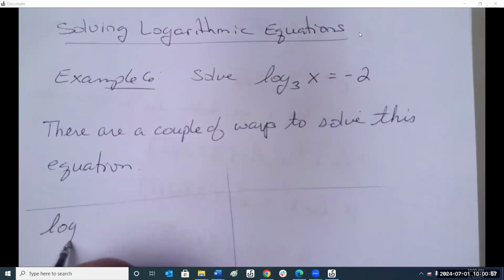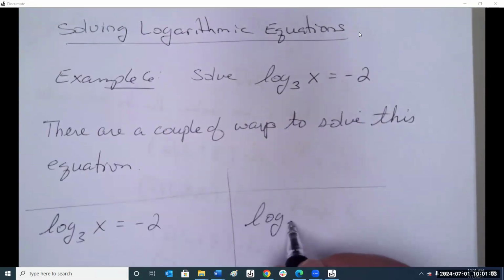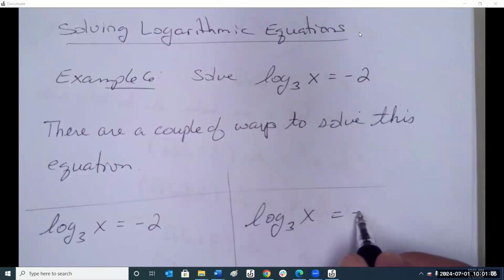So we have log base 3 of x equals negative 2.